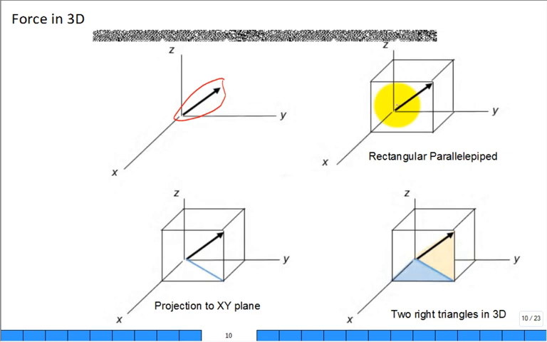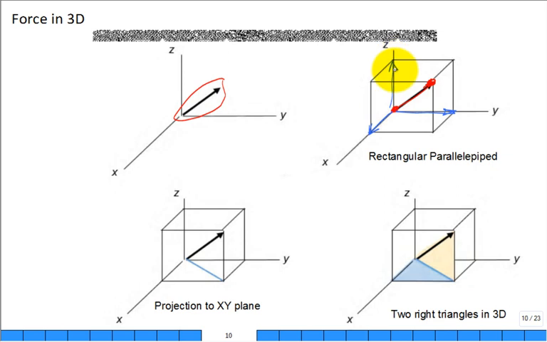Now this helps us visualize where that force starts at the origin and where it ends. It ends at the opposite corner of my rectangular parallelepiped, and that really helps us decompose or express it. We can see that this force is going to have a sum of so much force in x, so much in y, and so much in z.